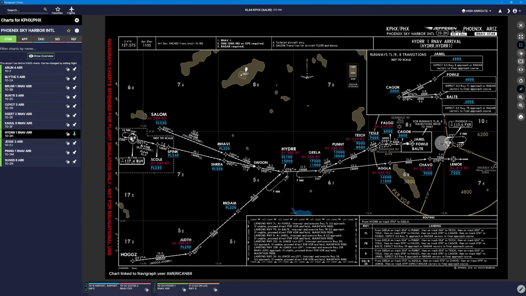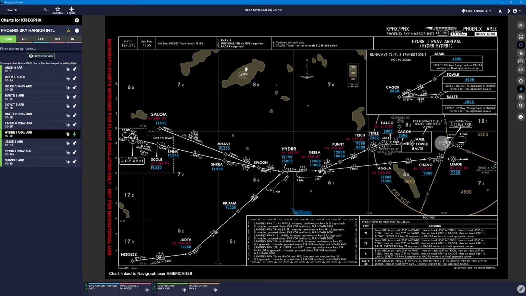And so you are flying direct, a straight line, to BLH. From BLH, you have all these little waypoints: Skull, Spank, Sonora, Swoon, and then you're going to hit Hyder, then you're going to hit Gila.